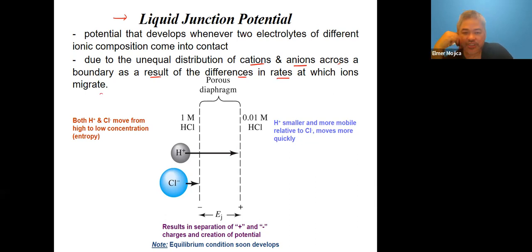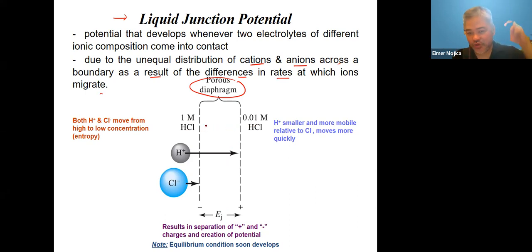Okay, so if you have this porous diaphragm here, you have a junction potential. So you have different concentrations but the same species, HCl. One is 1 molar and one is 0.01 molar. So how does it travel?